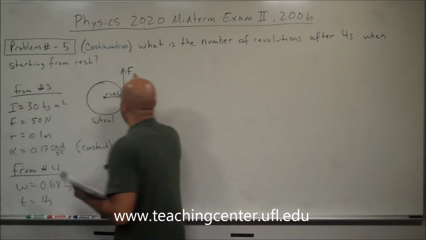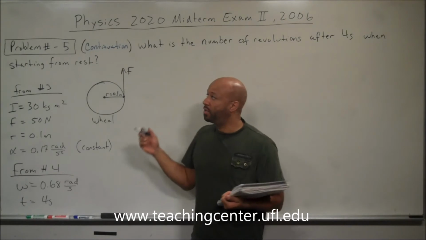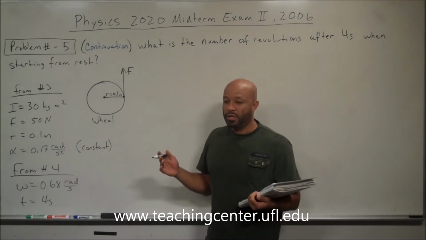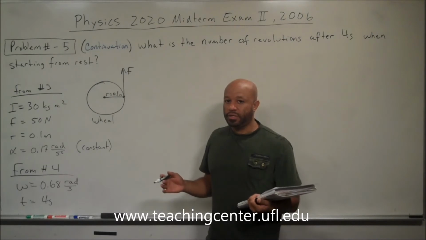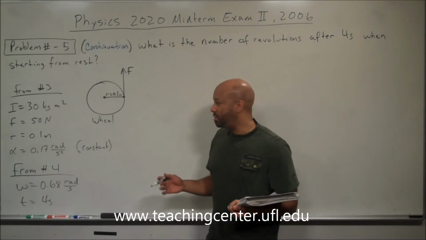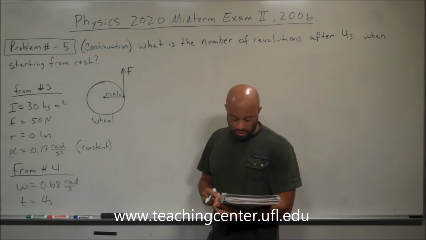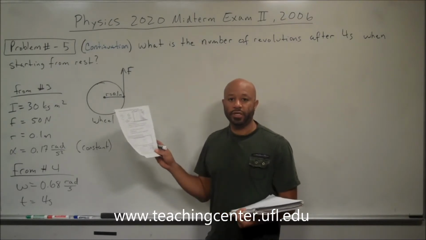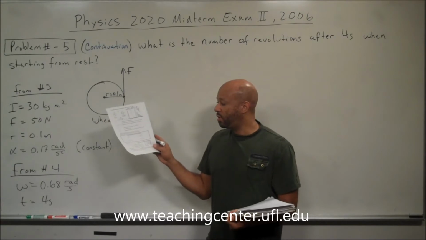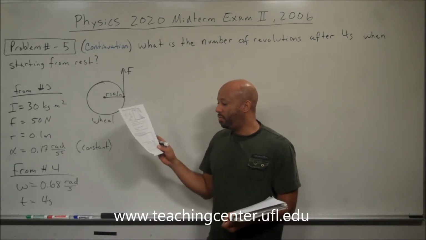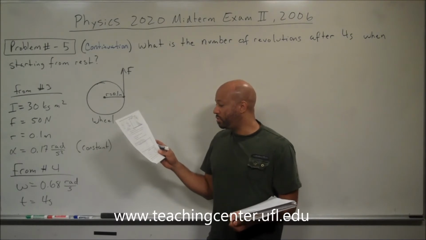Right, because we're applying a force that's constant, that was given as 50 newtons, and if the force doesn't change, then the acceleration isn't changing, and so the acceleration is constant. Okay, and since we're working with constant acceleration, we can go to our formula sheet and look into the section where it says for constant acceleration, and we've got several formulas that we can choose from.